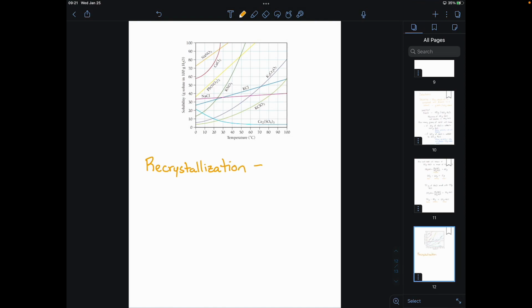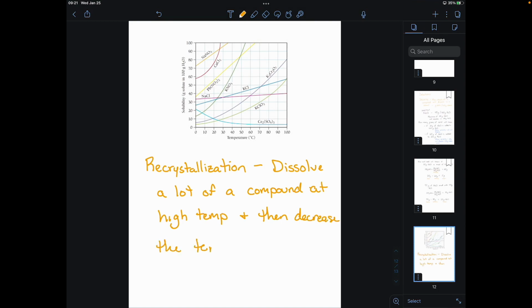Okay? Where you dissolve a lot of a compound at high temperatures, and then decrease the temperature.